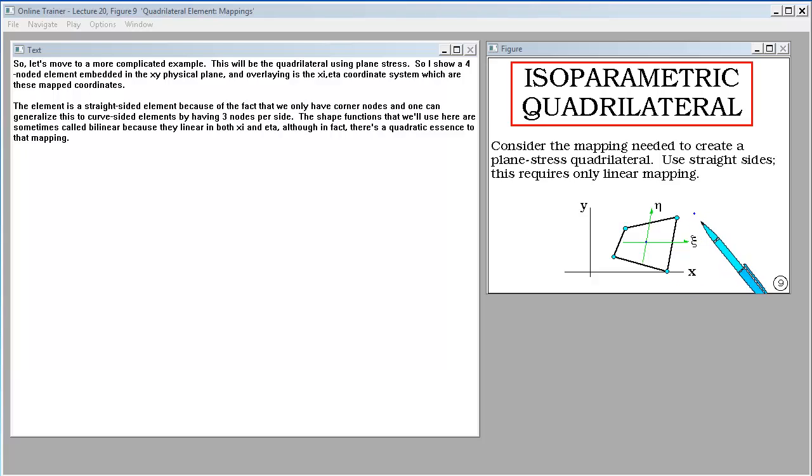The element is a straight-sided element because we only have the corner nodes, and one can generalize this to curve-sided elements by having 3 nodes per side. The shape functions that we'll use here are sometimes called bilinear because they're linear in both xi and eta, although in fact there's a quadratic essence to that mapping.